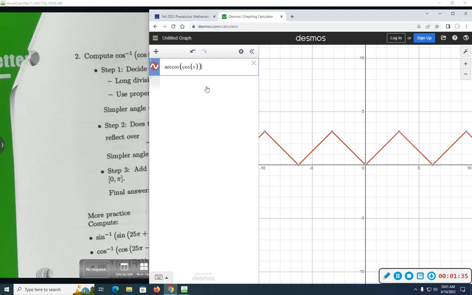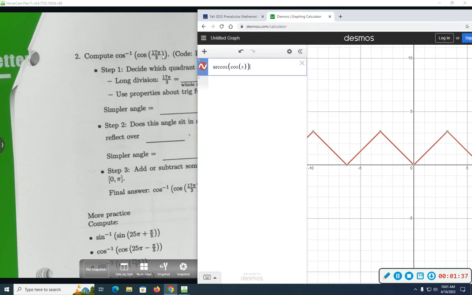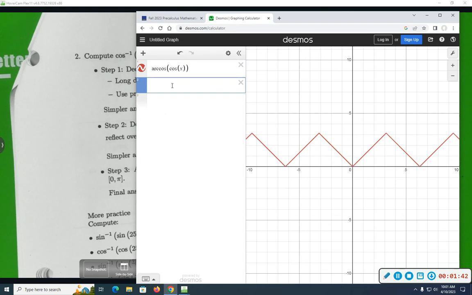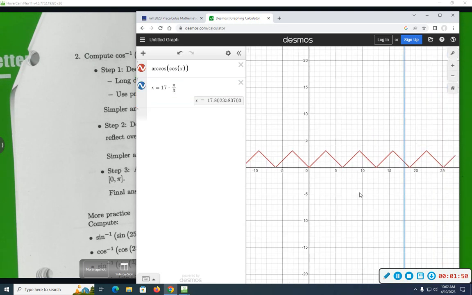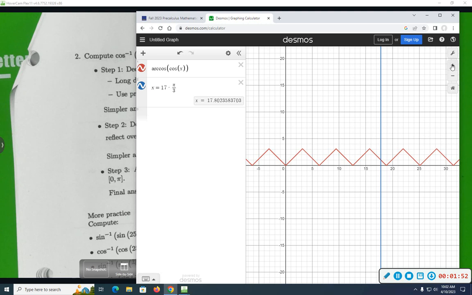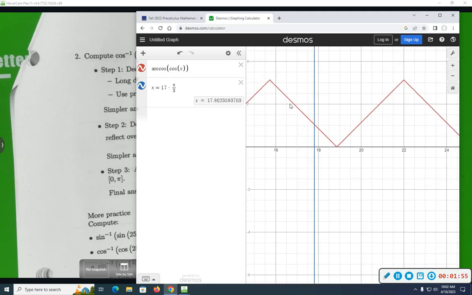So if I want to know what happens when I plug in 17 pi over 3, let's plug in x equal to 17 times pi over 3. 17 pi over 3 is over here. I want the y value over that x value. So what does inverse cosine of the cosine of 17 pi over 3 look like, approximately, by looking at this graph?